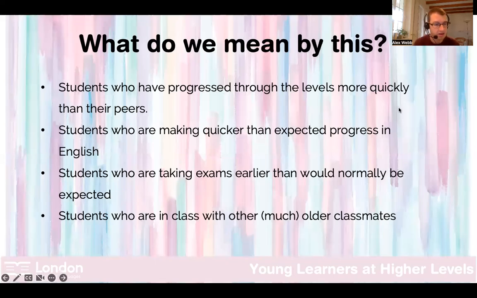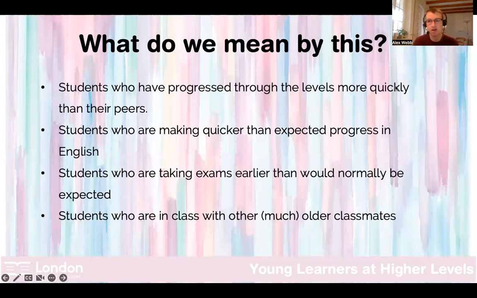This is a big change to what we've been used to seeing and the normal ages of students in our classes. What this results in is that we often now have students in class with other, sometimes much older classmates. We're sometimes seeing students in class with students who are maybe 2 or 3 years older than them.